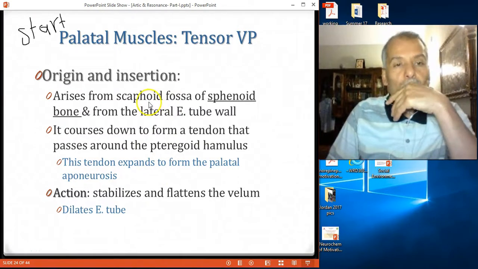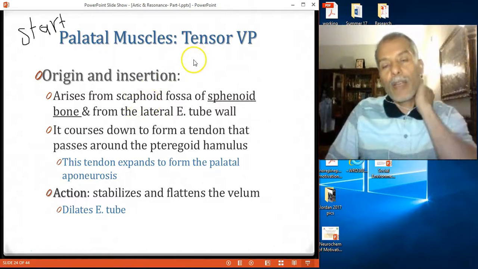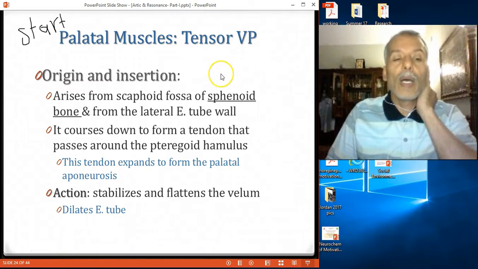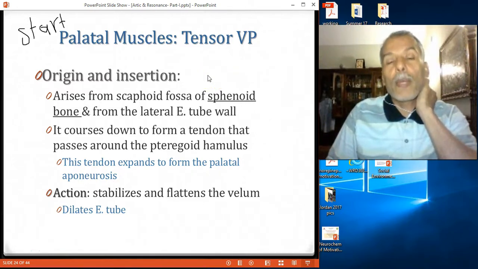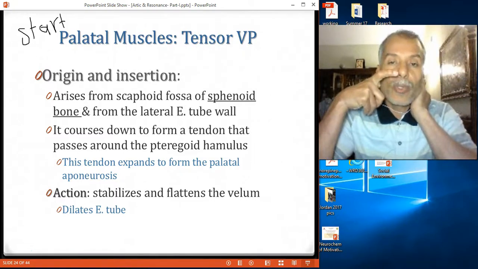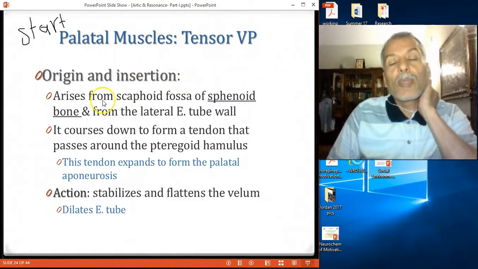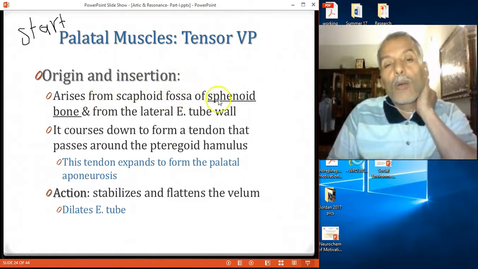Now, the tensor veli palatini is the muscle that is the source that gives tissue to make the palatal aponeurosis. It is called tensor primarily because it tenses the eustachian tube. So this is why it is called tensor. It arises from the scaphoid fossa of the sphenoid bone.